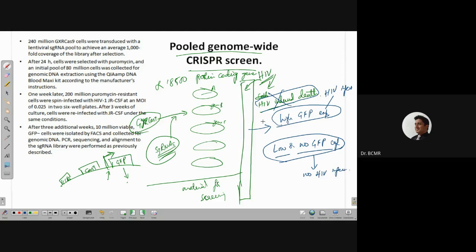Why did some cells have high GFP and some cells have low or no GFP? What is the variation in all these cells? In each of them, you may have a different gene inactivated.